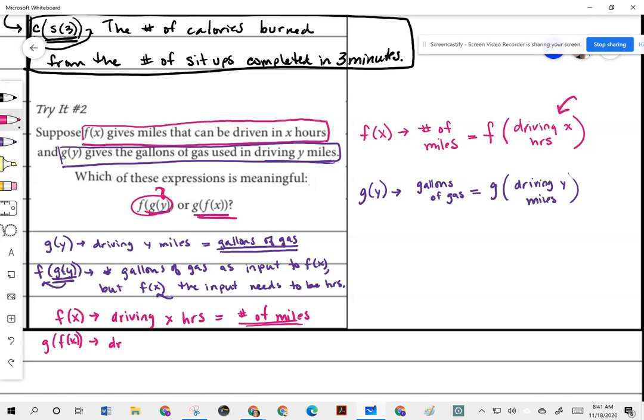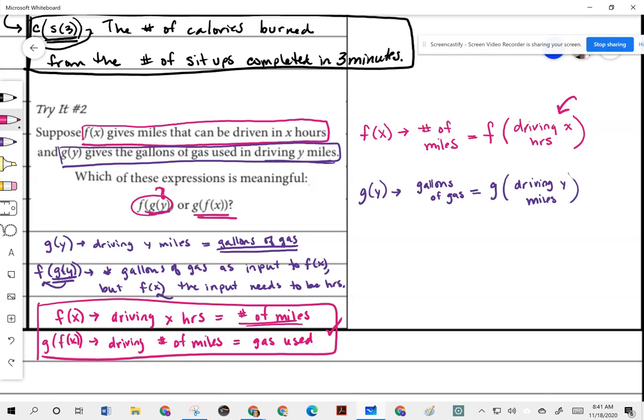So driving the number of miles is going to give you how much gas that you've used. And so this actually makes sense, right? So if you're actually driving for 5 hours, you've traveled, let's say, 200 miles, and then since you drove 200 miles, you can compute how much gas you've used.